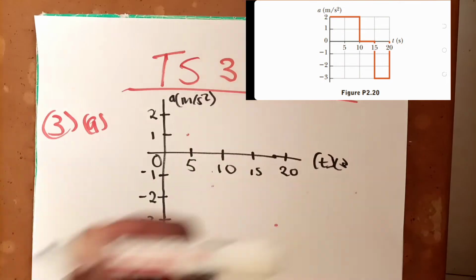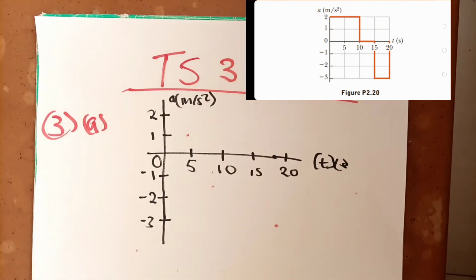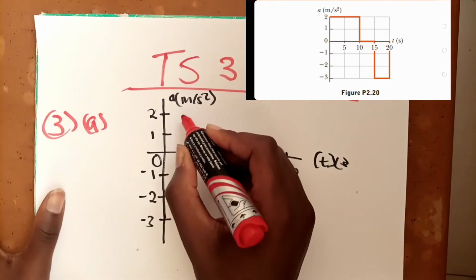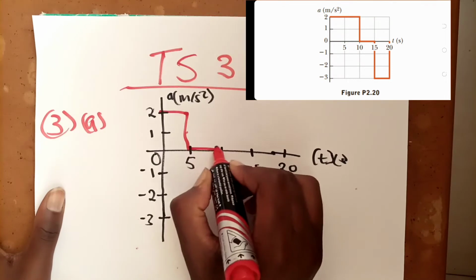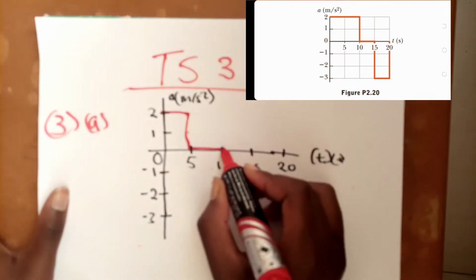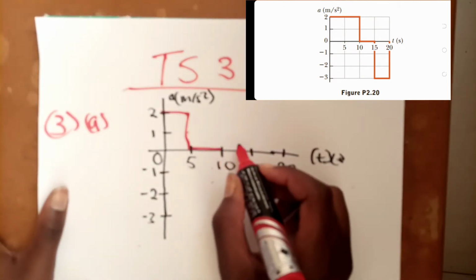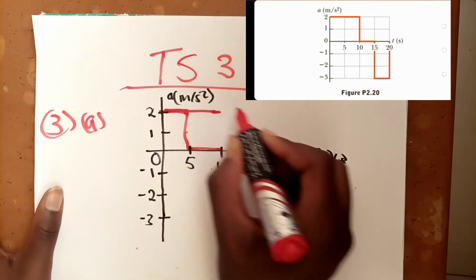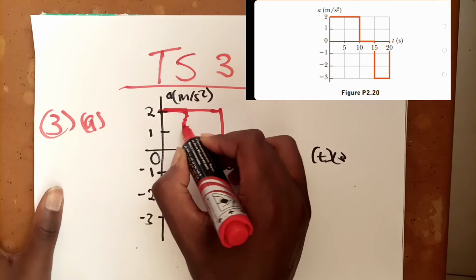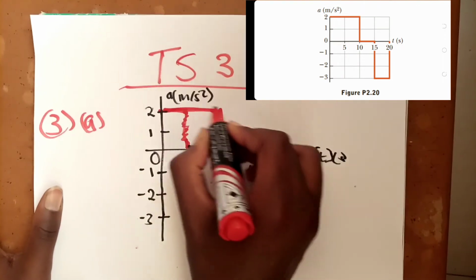Now I'm going to use red. The one in red is our motion, but remember that's acceleration. It's going all the way up to 10.